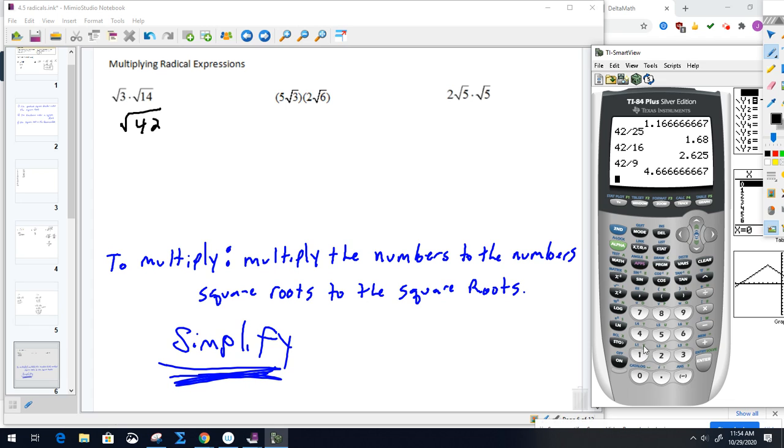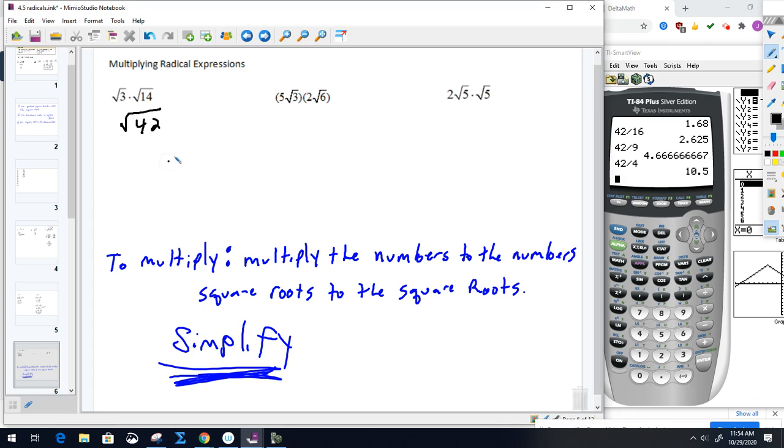No. And is 42 divisible by 4? And the answer to that is no. So this is simplified right here. There's no perfect square factor. Now, some of you might be saying, well, what about the square root of 21 times the square root of 2? That definitely multiplies to 42, but you can't simplify this. So again, this is completely simplified here.